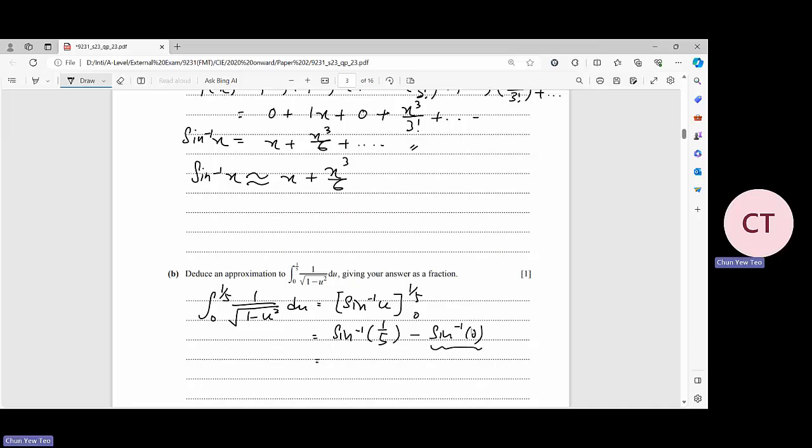So this one is 0. Then for arcsine of 1 over 5, we need a calculator. So just put 1 over 5 plus 1 over 5 cubed over 6, minus 0.